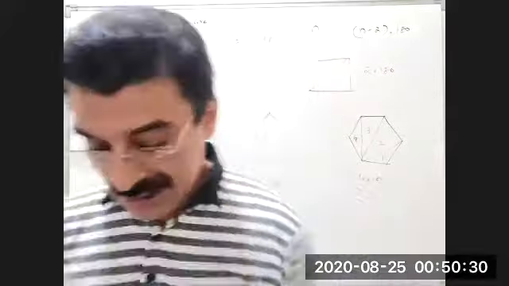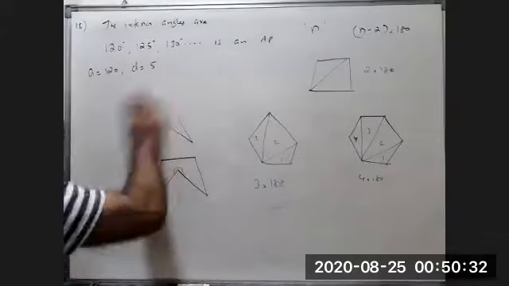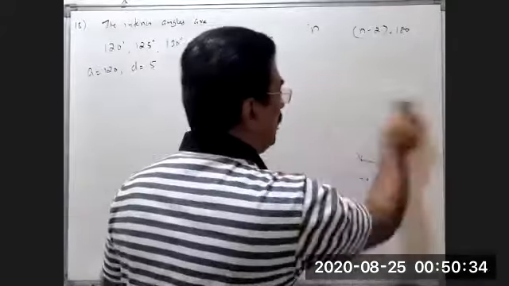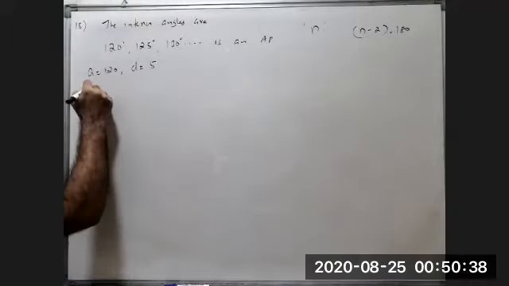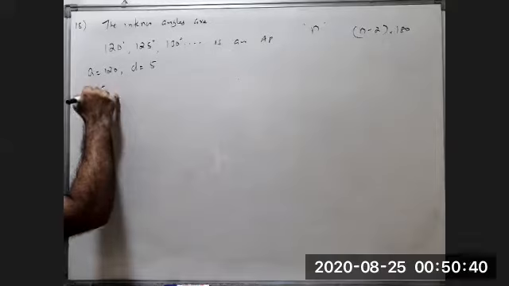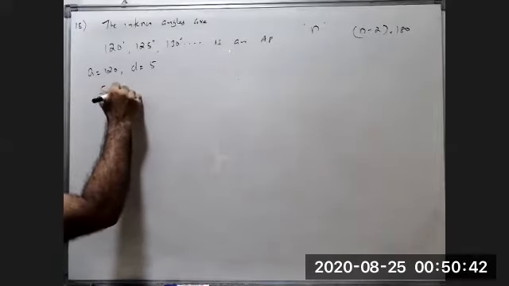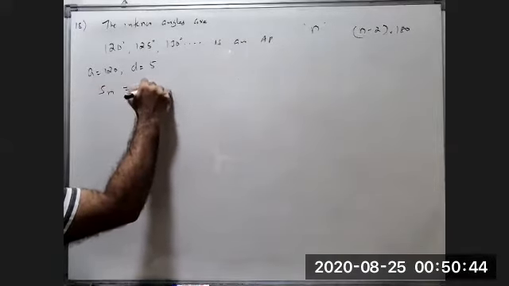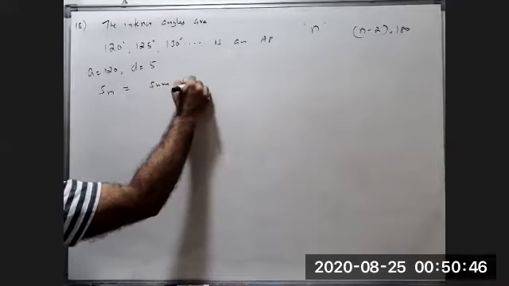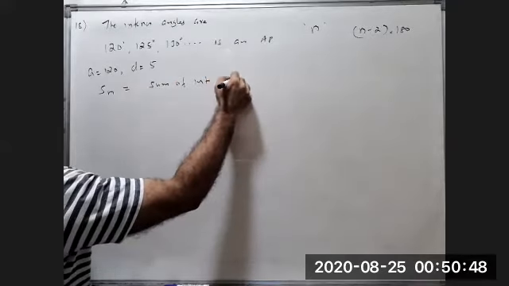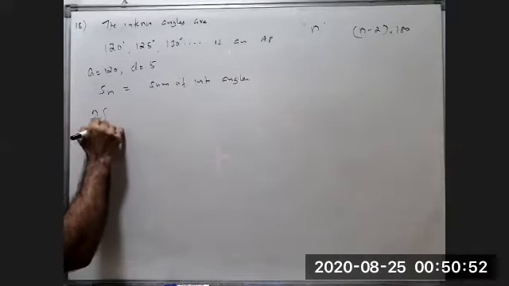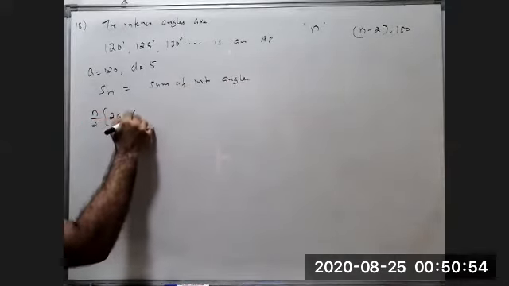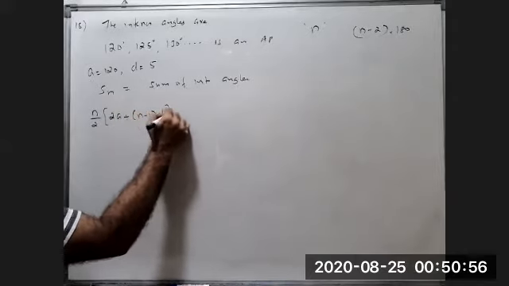So remember it. Now, we know the sum of angles is n minus 2 into 180. Sn is the sum of interior angles. Sn is n by 2 into 2a plus n minus 1 d.